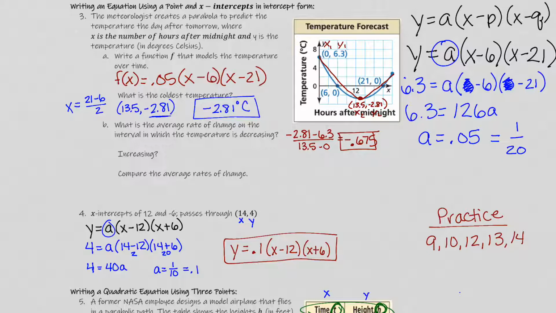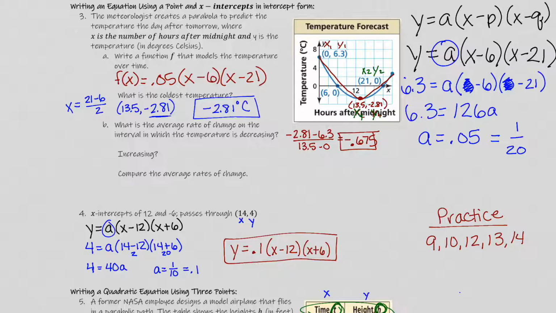Okay? Now, if we do this when it's increasing, that's to the right side of my vertex. All right, so now I have x1, y1 being my vertex, and x2, y2 being the other intercept point. And I always work from left to right, in case you're wondering why I numbered them the way I did.